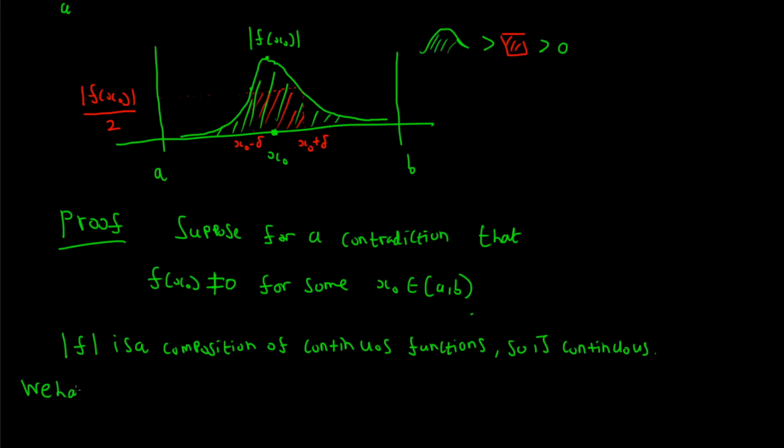We can clearly see that the absolute value of f of x0 is greater than 0 because f of x0 isn't 0, and the absolute value is just going to be bigger. And since the absolute value of f is continuous at x0, what do we know?